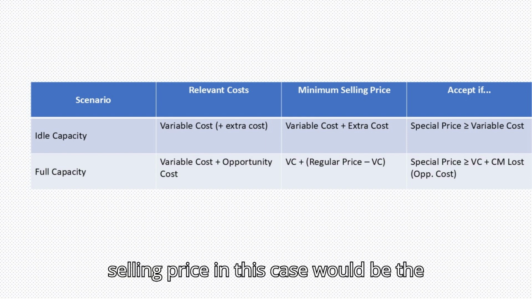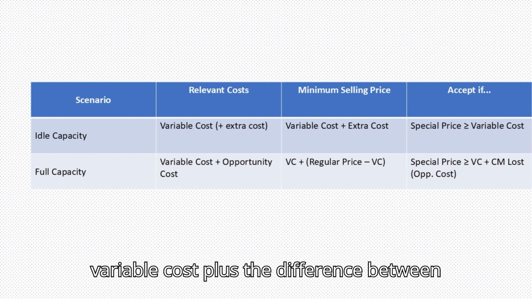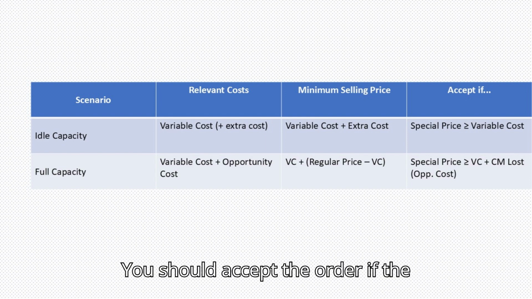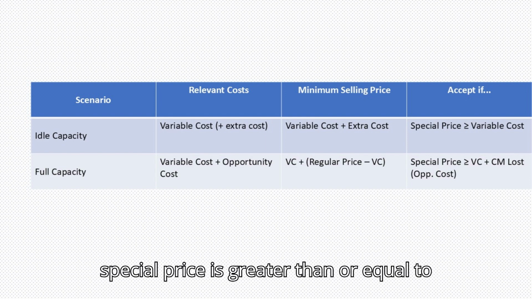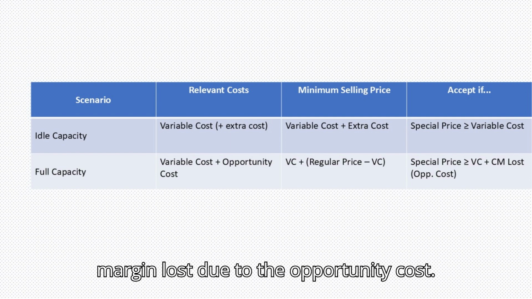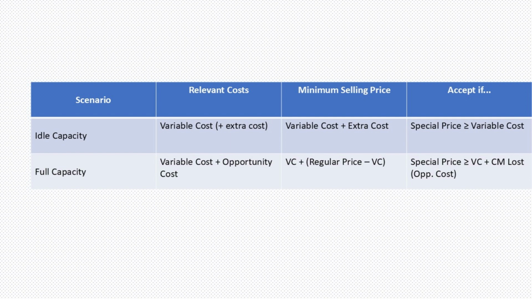The minimum selling price in this case would be the variable cost plus the difference between the regular price and the variable cost. You should accept the order if the special price is greater than or equal to the variable cost, plus the contribution margin lost due to the opportunity cost.